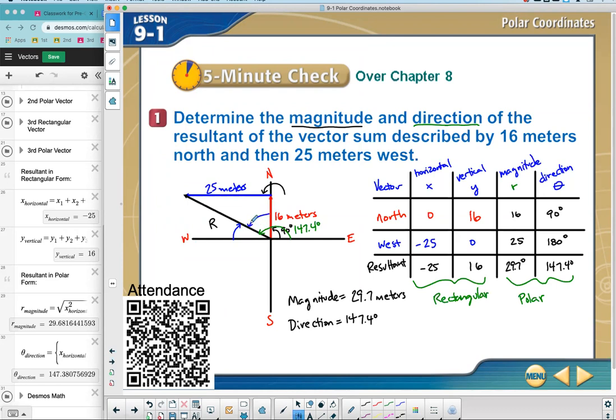So how could I get this angle or this one? Well, it's simple if you just think about pure geometry. On a straight line, how many degrees are in a straight line? 180. So if you wanted this one, you take 180 and subtract the 147.4. That would give you this one. Or if you needed this angle, you could think, okay, how many degrees are there in a right angle? 90. So if you took 147 and subtract 90, we should get this angle.